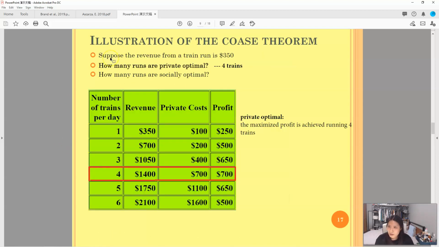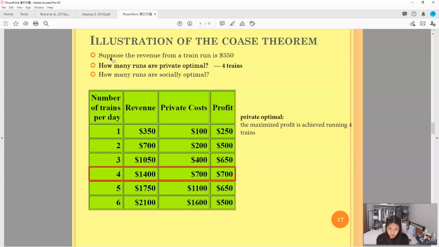Then suppose the revenue from running a train is $350. So how many runs are private optimal? When I ask the private optimal, I'm asking this question from the railway's perspective.